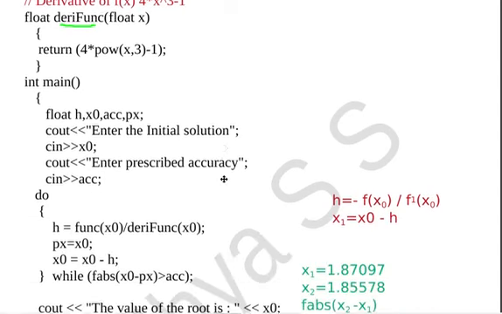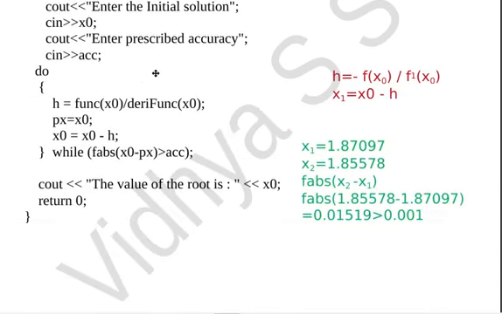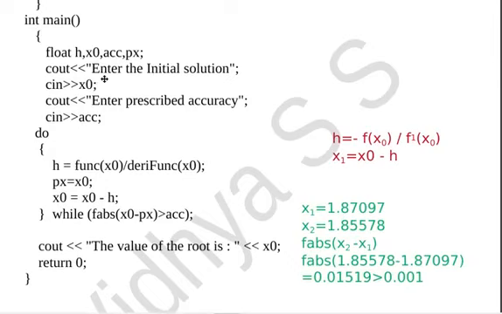Okay. Then inside the main, I want to get the initial solution from the user. So take the initial solution from the user, enter the initial solution and receive that value in the variable x0, and then I need to know when I can stop the iteration. The iteration will stop when the prescribed accuracy is met.